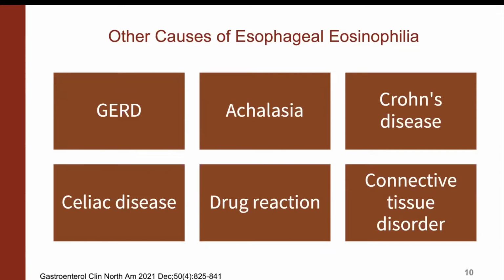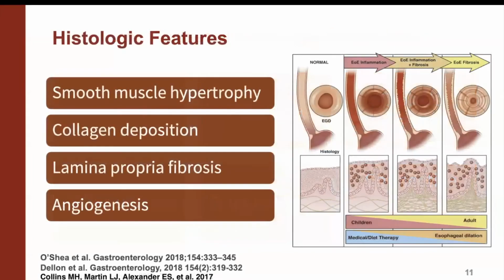And finally, connective tissue disorders or autoimmune disorders can also increase eosinophils in the esophagus. So these are all things to really keep in mind when we're seeing increased eosinophils in the esophagus.